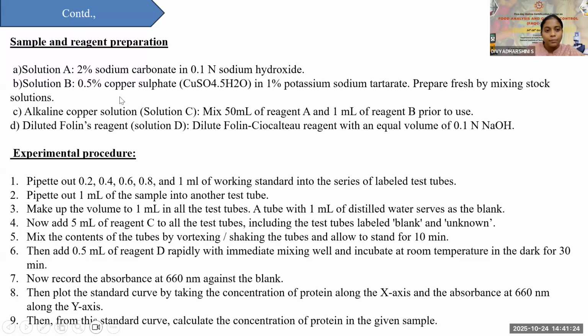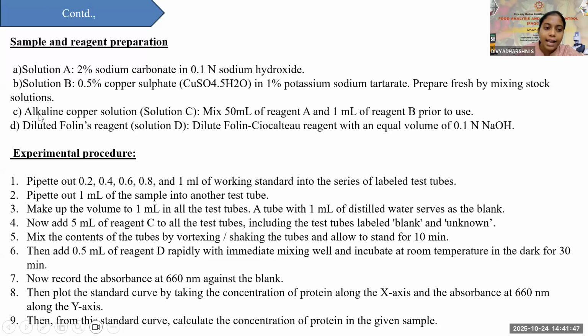Then solution B, which is 0.5 percent copper sulfate and 1 percent potassium sodium tartarate in weight by volume. We have to keep in mind whether it is weight by volume or volume by volume. Prepare it fresh by mixing the stock solutions; we have to prepare them separately, then mix both stock solutions together.